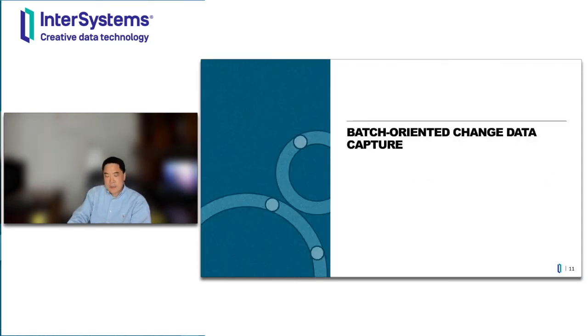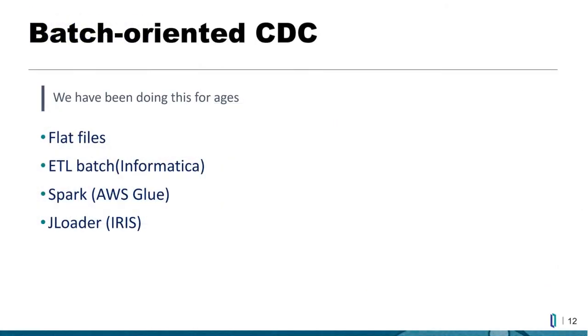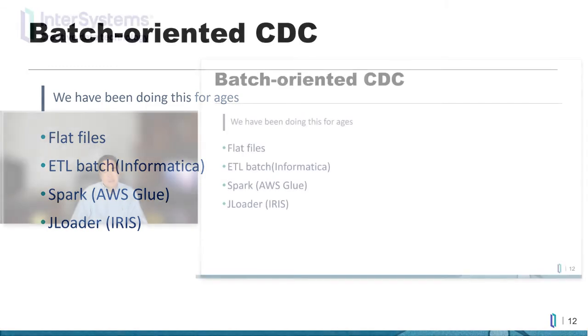Now let's talk about the last category of the CDC, the batch-oriented CDCs. We have actually been doing this batch-oriented CDC for ages, since the days of mainframe. At that time, that's the only way. They just dump fixed length records in flat files. That's how you exchange data between two mainframes, or between mainframe and minicomputers.